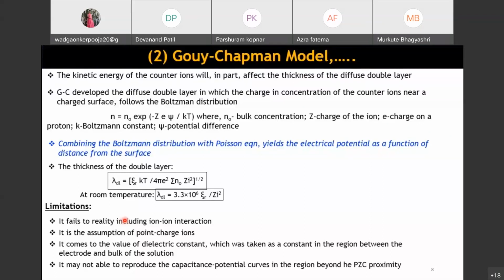And now the third and fourth limitations are right in front of you. What is that?